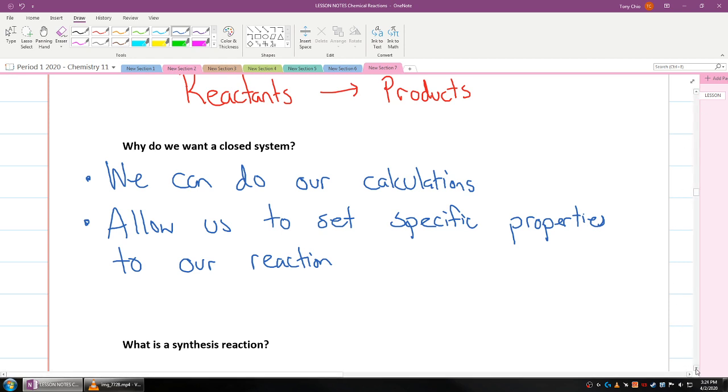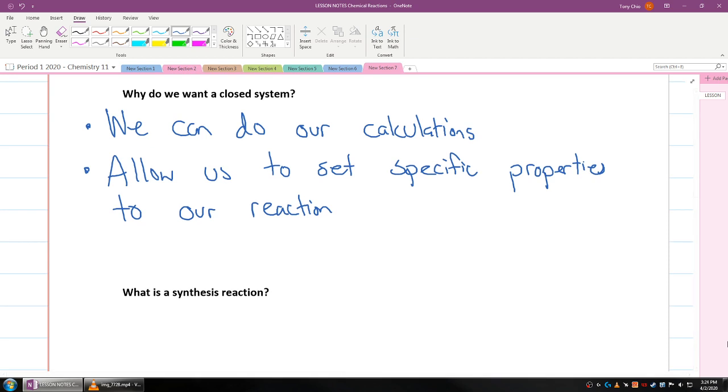Now we're going to move on to the 6 different types of reaction. You've learned a few of these, or actually most of these, in Science 10, so it should be quite a quick review. Now, our first type of reaction is what we call a synthesis reaction.